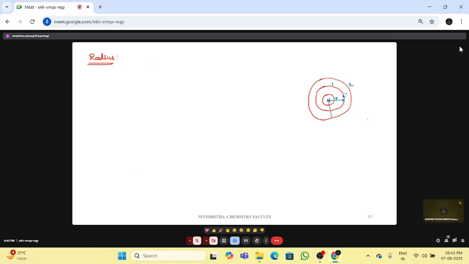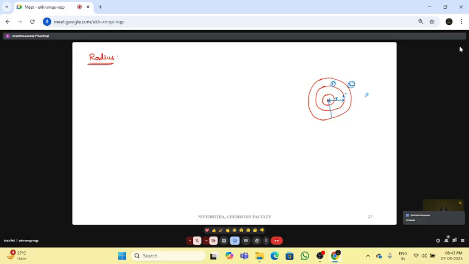the atomic radius. Okay. Now tell me, Kana, if the value of n increases, what is happening to the radius? Is it getting increased or decreased?